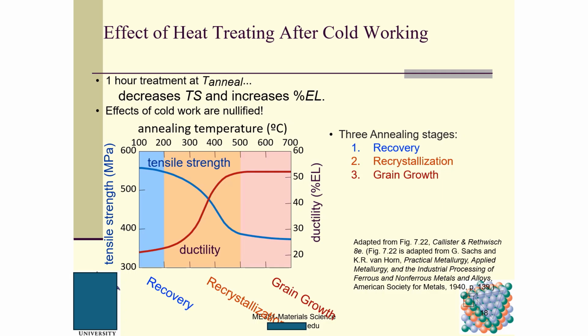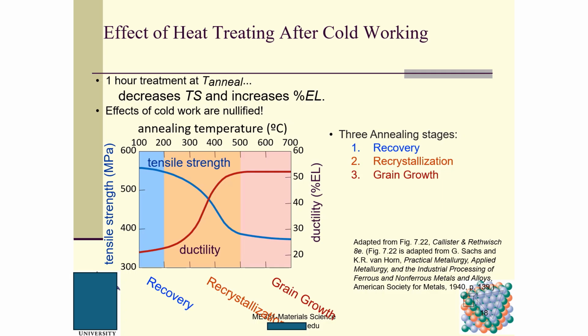Then we talk about heat treatment, the effect of heat treating the cold worked material. One hour of treatment at annealing temperature decreases tensile strength and increases elongation, so ductility. The effects of cold working are nullified, right?